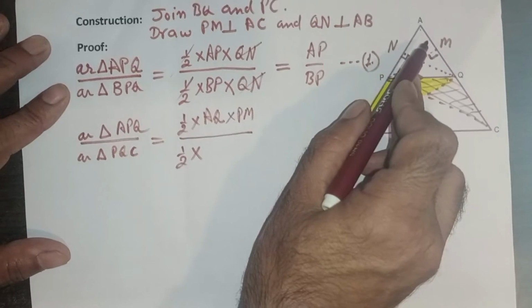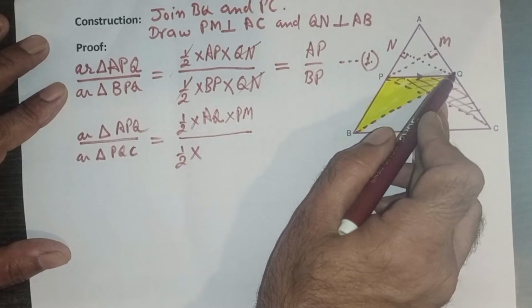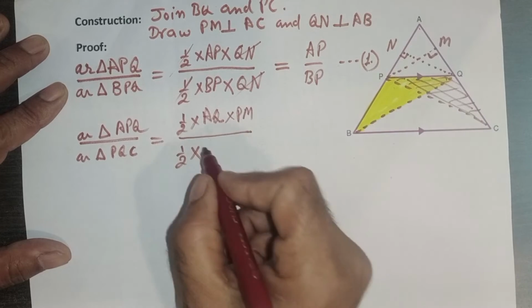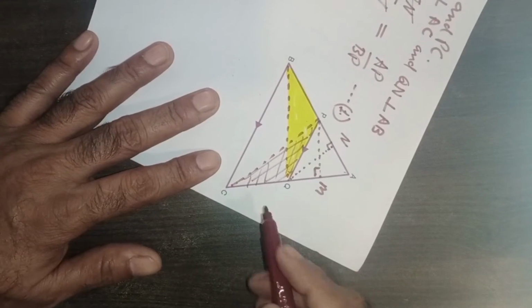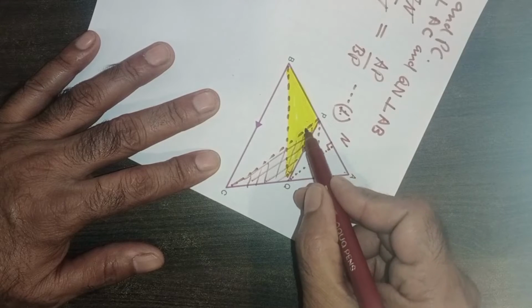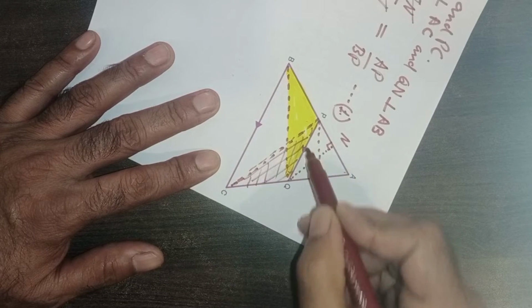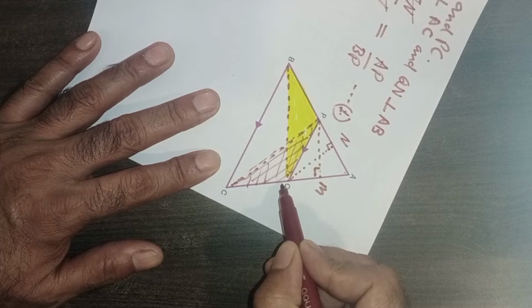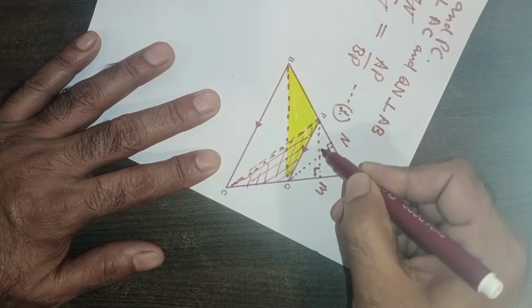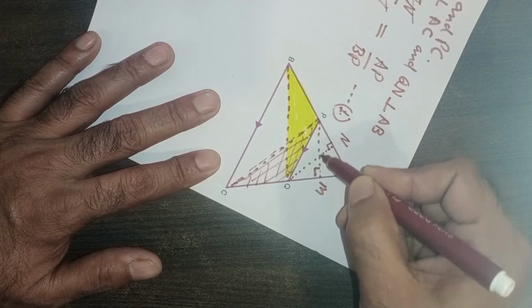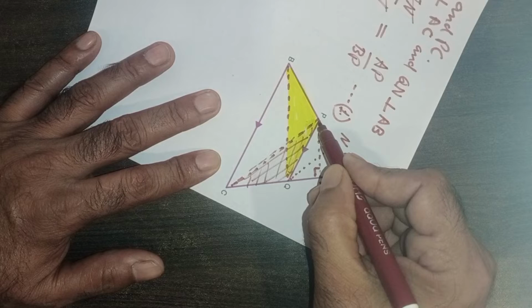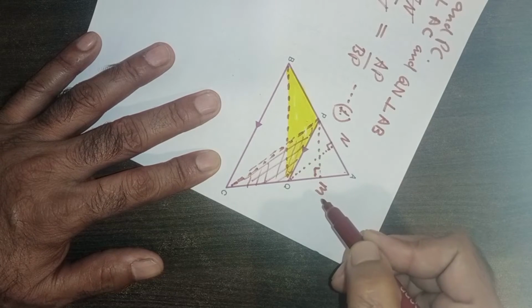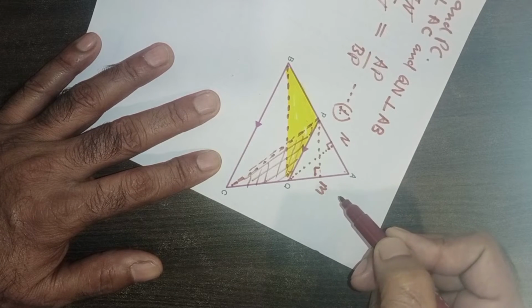Earlier we took the base as AQ, now we have to take the base as QC. If we are taking the base as QC, the altitude is clearly PM. This is the altitude, isn't it? If we have taken QC as base, the altitude will drop from P. So PM is the altitude.